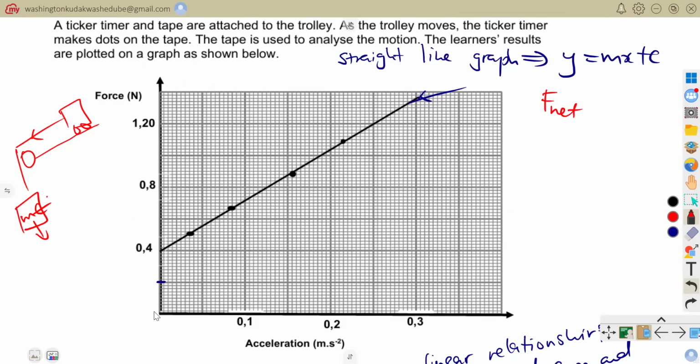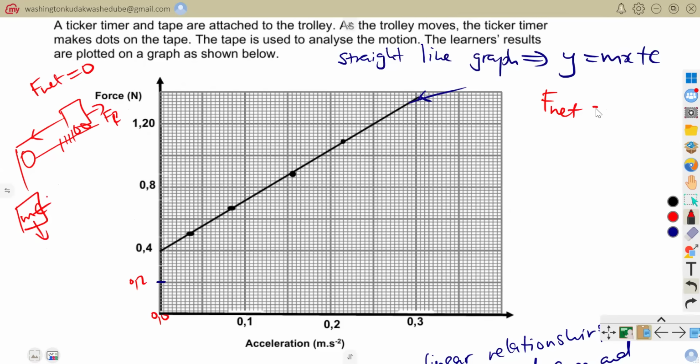When our force is 0.2, there is no movement. So we are saying it might be due to that. There should be some frictional force that is opposing that motion. So what is causing this object not to move? It's because the net force is equal to 0.